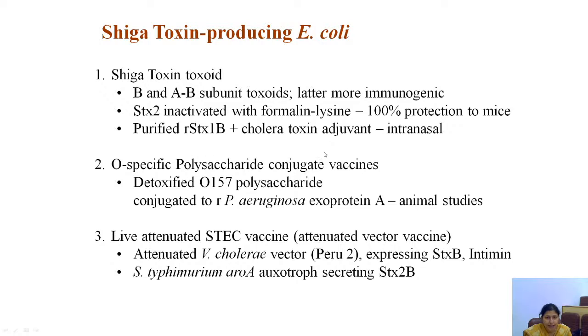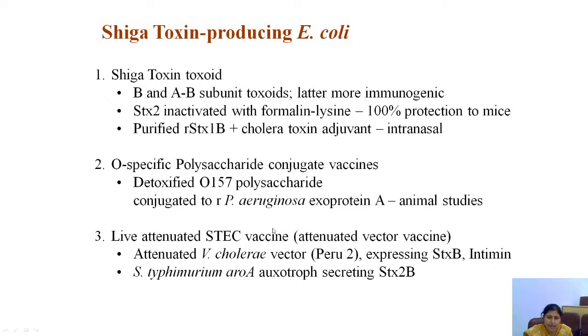In another trial, they conjugated it with cholera toxin adjuvant and gave it intranasally, which was found to be immunogenic. They have also targeted the O-specific polysaccharide conjugate vaccine, and it is a detoxified O157 polysaccharide.